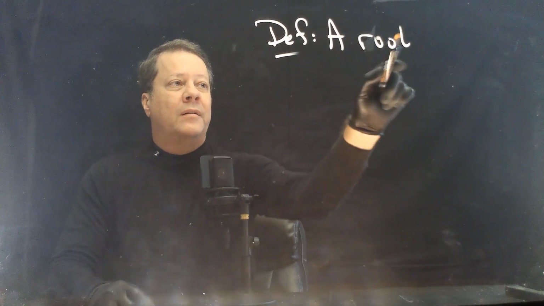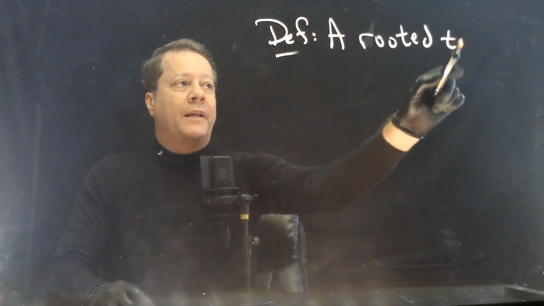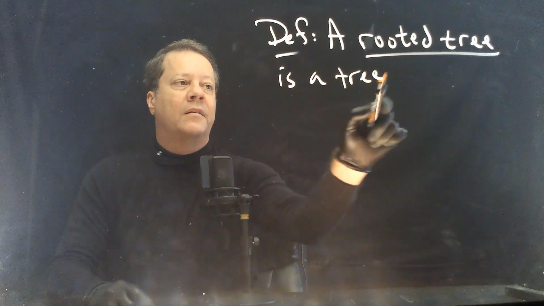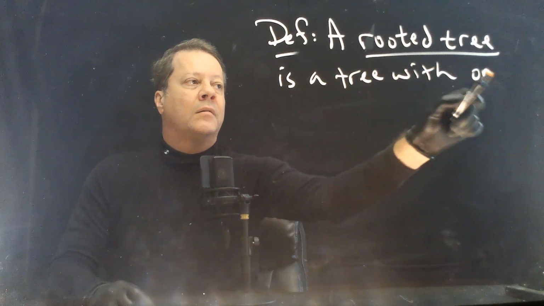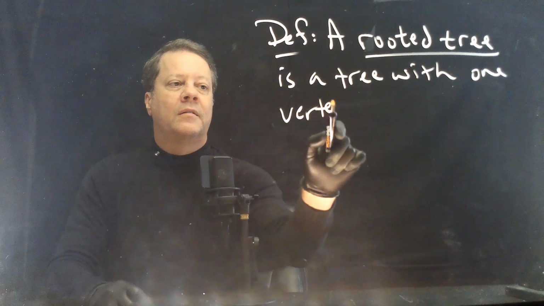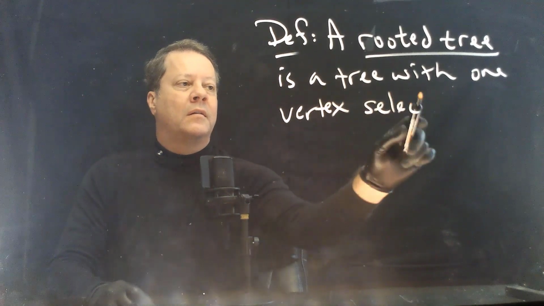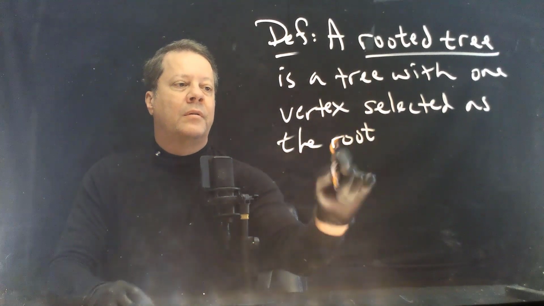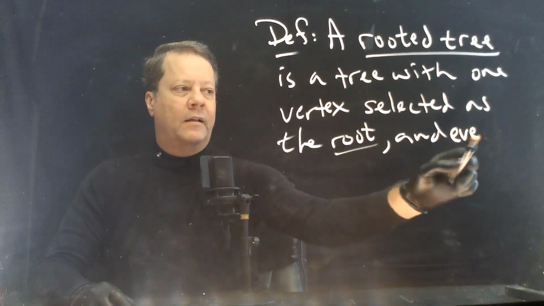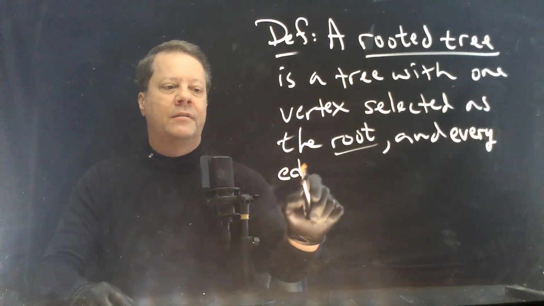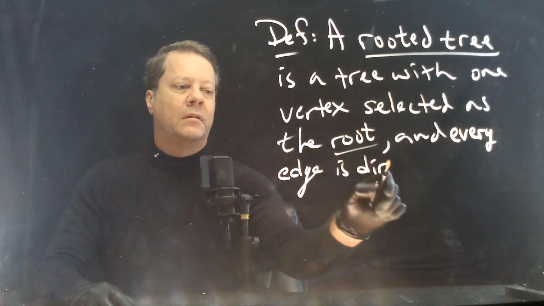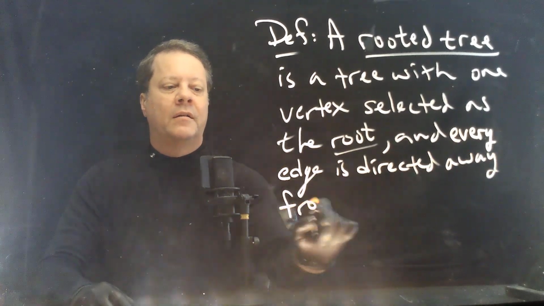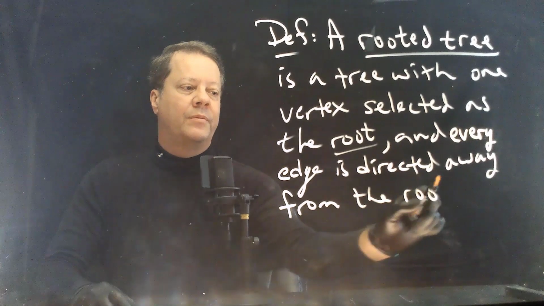A rooted tree is a tree with one vertex selected as the root and every edge is directed away from the root.